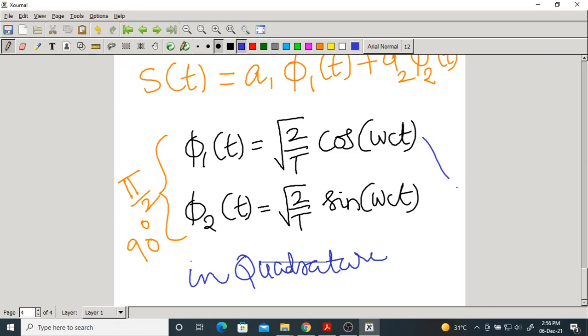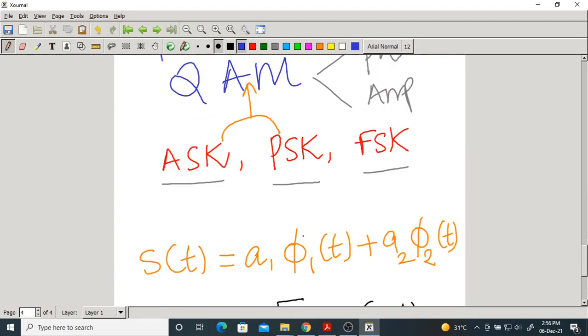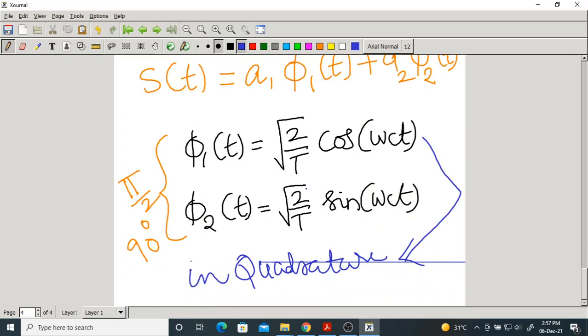So QAM is a signal in which two carriers are shifted in phase by 90 degrees. The resultant carrier signal consists of both amplitude and phase variations. It is considered as a mixture of amplitude and phase modulation, just like a mixture of these two techniques. These are the two basis functions we need in case of QAM.